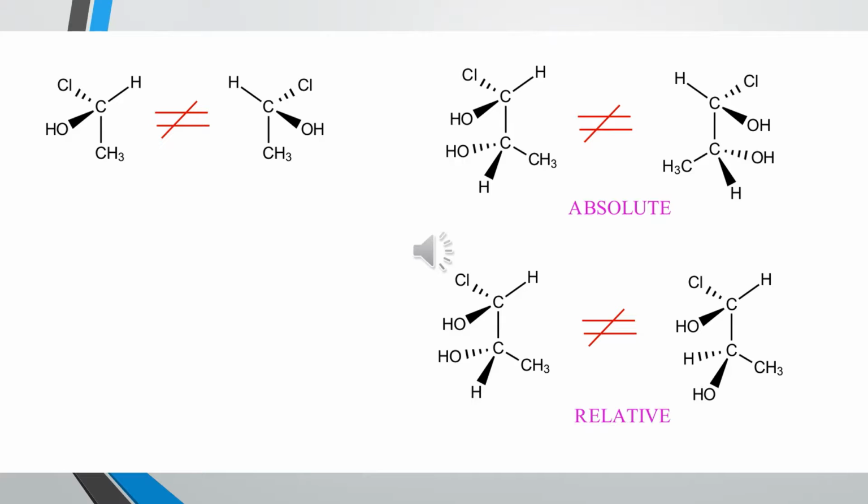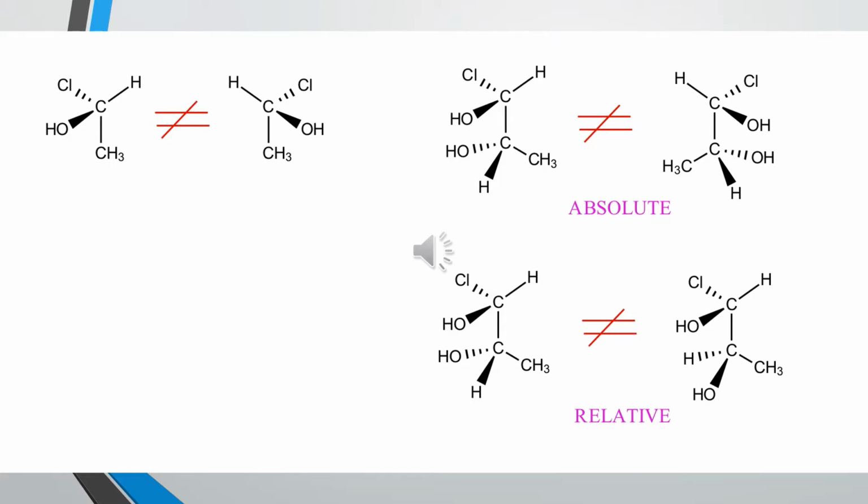Finally, we have the distinction between absolute chirality and relative chirality. On this last slide, you see in the top left-hand panel what you saw before. Now that's absolute stereoisomerism because it involves only one chiral carbon. If there's only one chiral carbon, then the stereoisomerism must be what we call absolute.